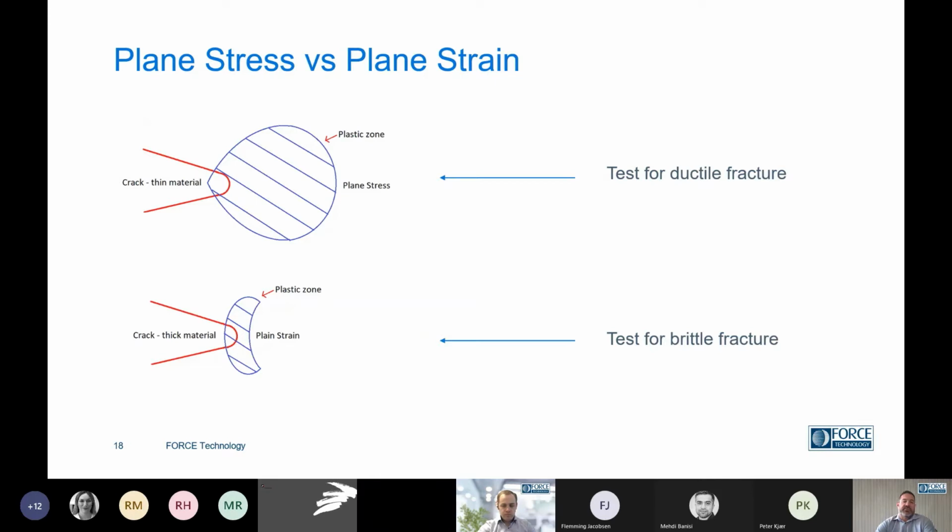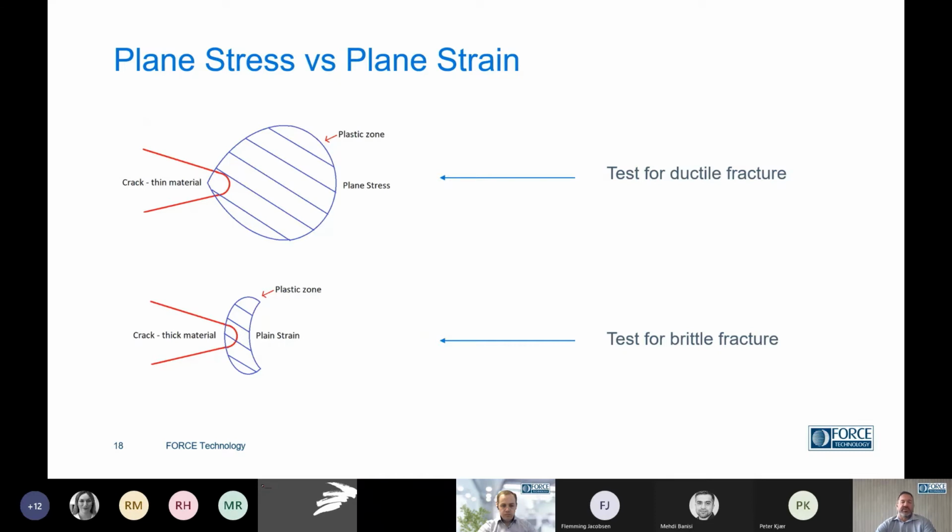We'll find that thin materials will generally give us a plane stress condition. Whereas if we look at a plane strain condition, the plastic zone is smaller, and this is typically what we see in thicker materials.